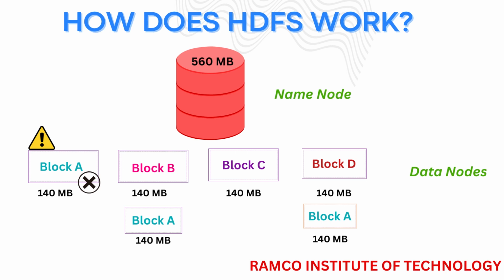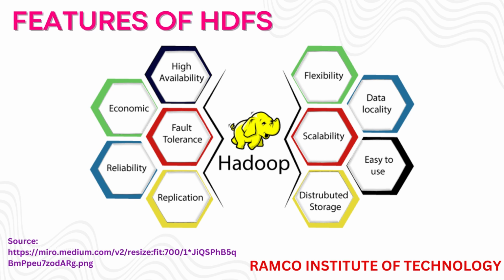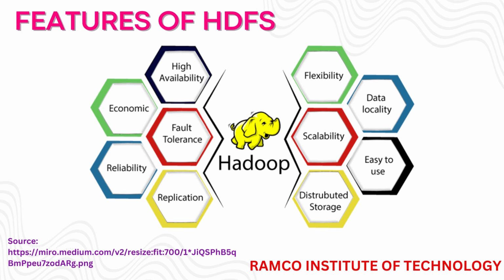In this diagram, block A is replicated two times. This is the beauty of HDFS, and the data replication concept is explained in the upcoming slides. Some of the features of HDFS include high availability, fault tolerance, reliability, replication, flexibility, scalability, and data locality.